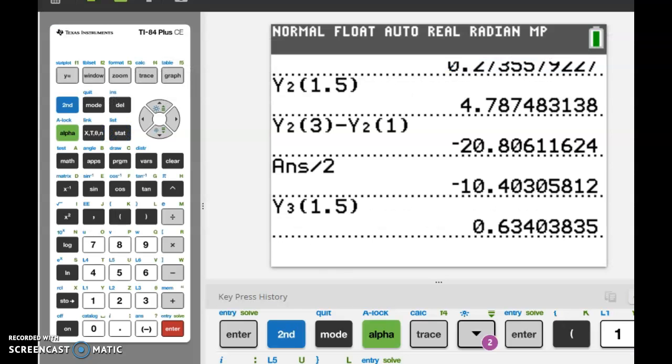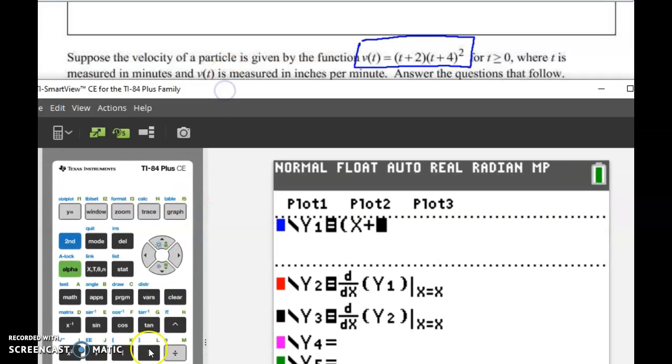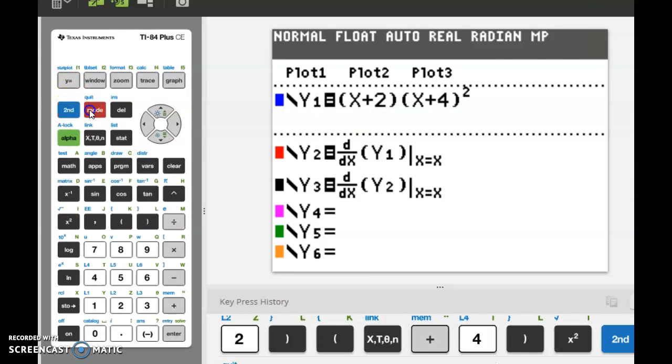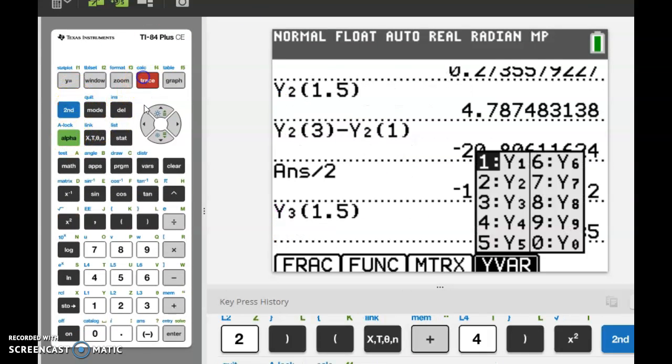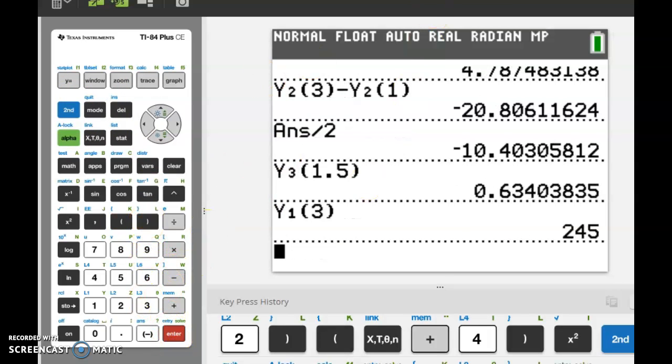So if we're going to use a calculator, we might as well just plug it in exactly the way we would: x plus 2, and then x plus 4 squared. There we go. So quit out of that. Alpha trace y1 when x was 3, right? All right, perfect, 245.